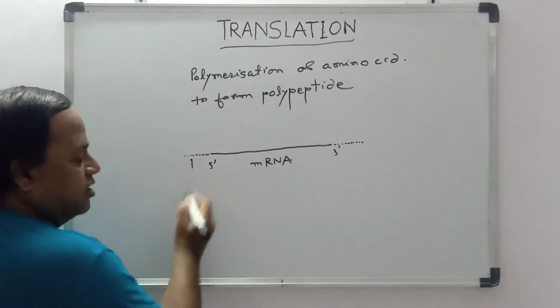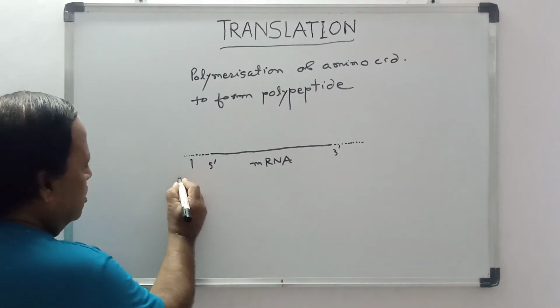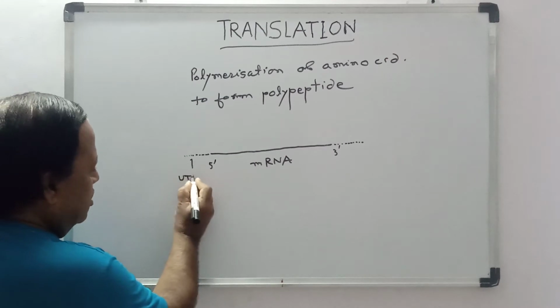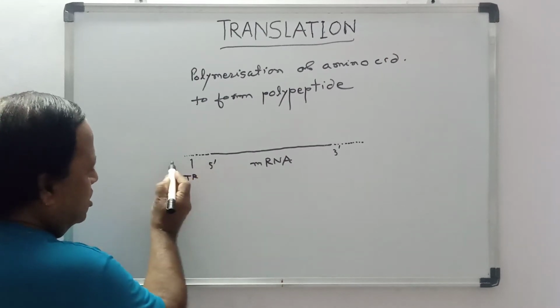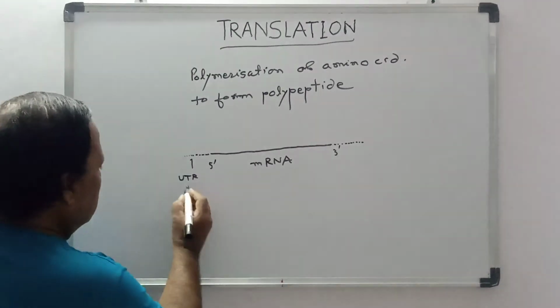Again there is one untranslated region that is not translated into protein. It is before the starting codon and after the termination codon.